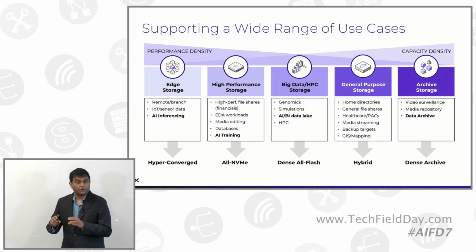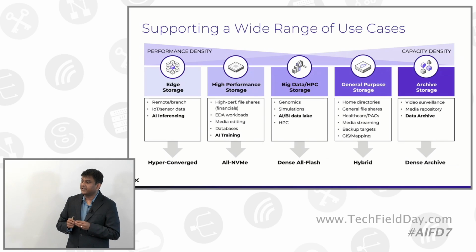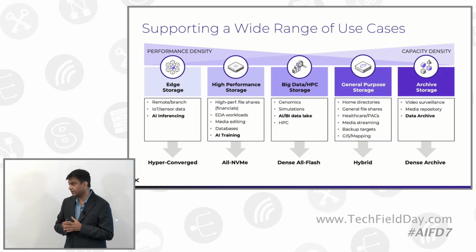So as you can see, it's a very comprehensive platform that we have been building for the last, I would say, 11 years now, and it has been in the market since January 2017, and quite a few customers are on this platform.